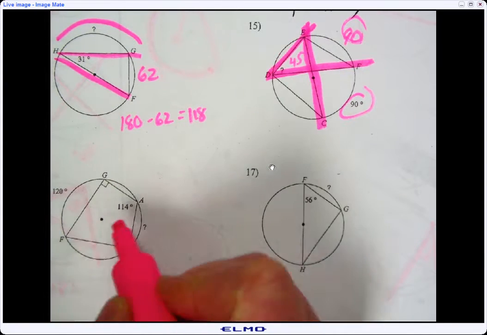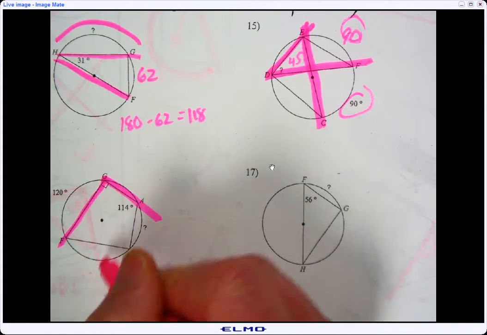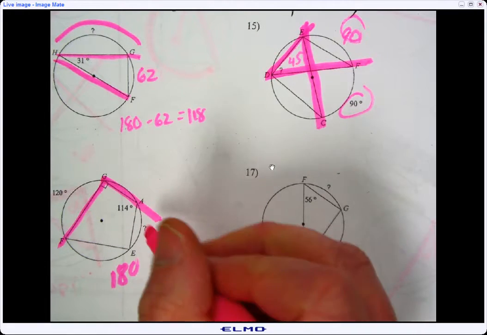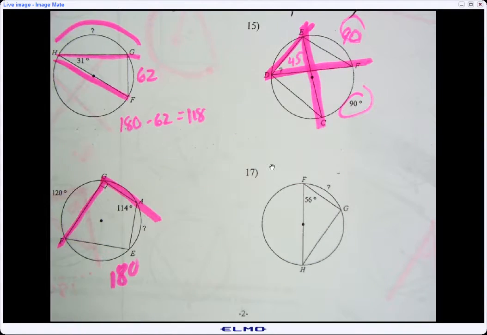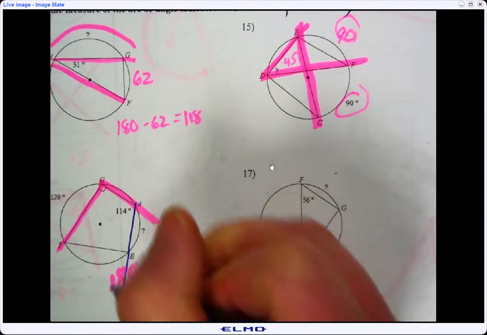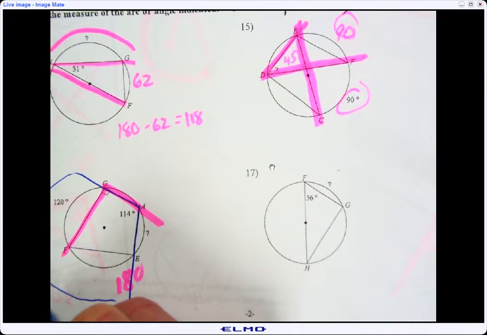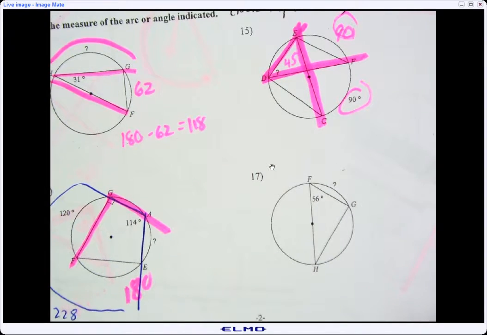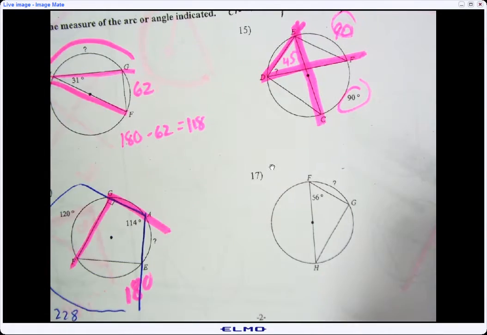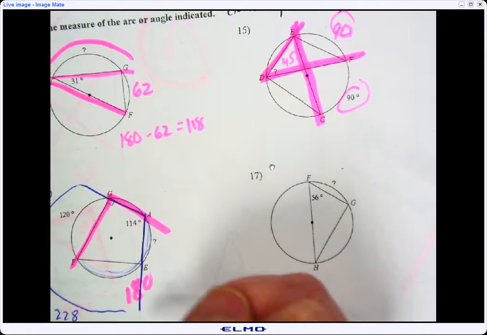On this problem, figuring out what you know, I'm going to extend this. So I know this is 180 because that's a right angle. 180, 120. I know that from here to here is 228. And I can work backwards to figure out what else I know. If I know this part is 180 and this part's 228, I can subtract backwards.